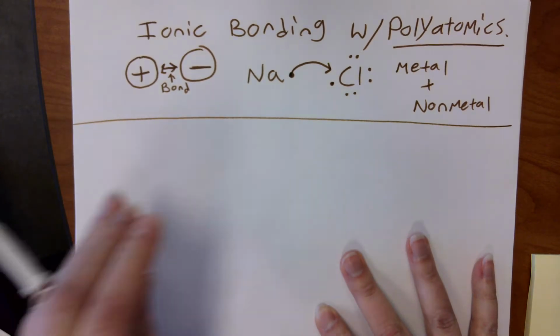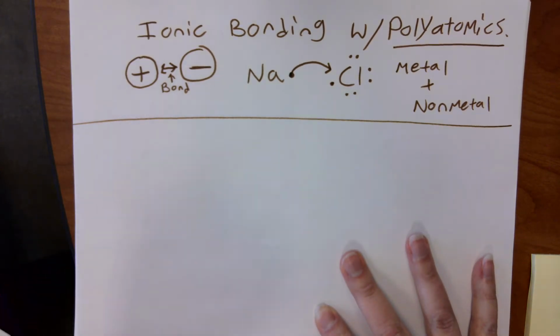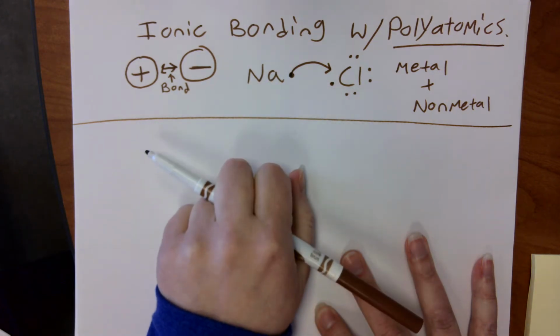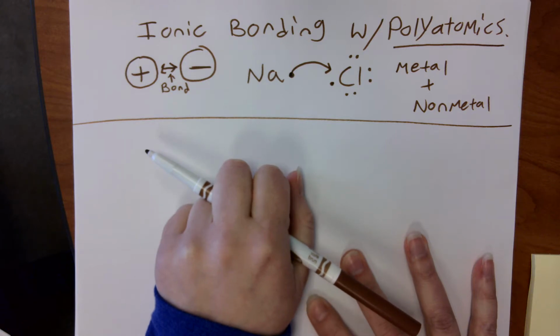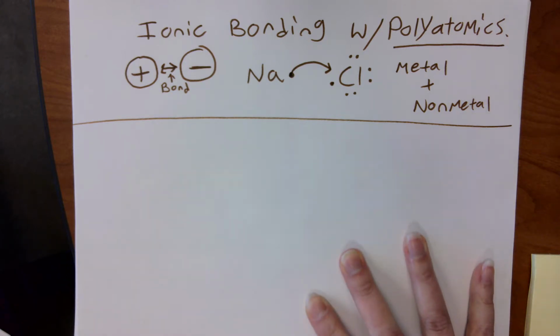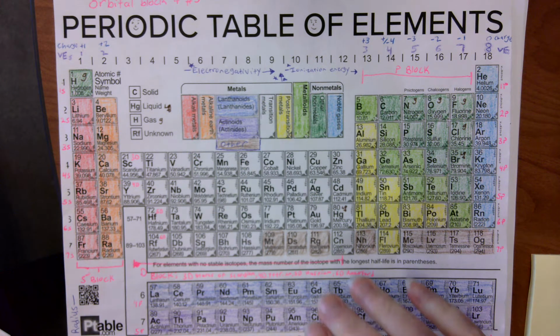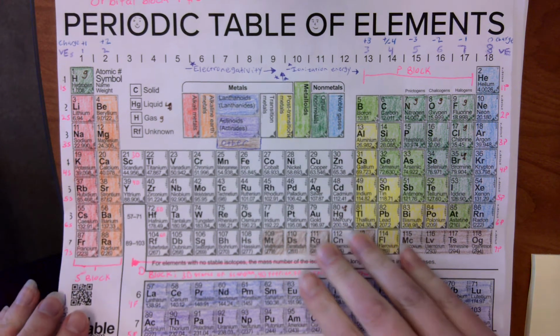With polyatomic ions, it works just the same. It's just that one of these two things is not going to be a single element; it'll be multiple elements at once. I've included on this assignment a list of polyatomic ions.